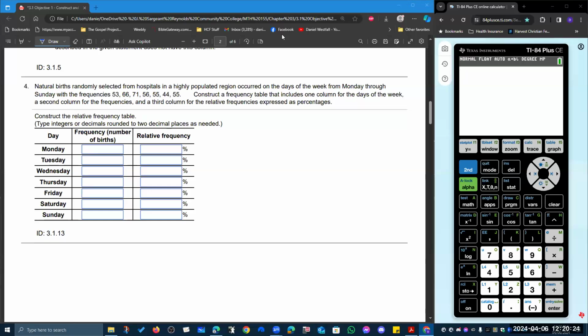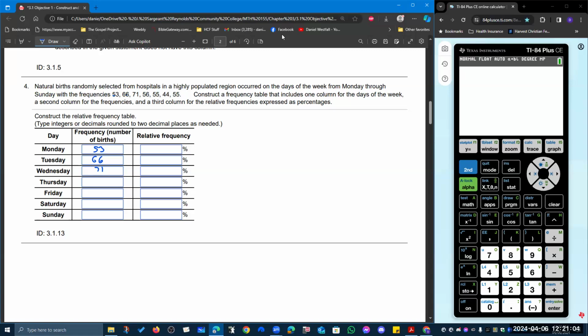All right, so question 4 says natural births randomly selected from hospitals in a highly populated region occurred on the days of the week from Monday through Sunday with frequencies of 53, 66, 71, 56, 54, 45, 44, 55.